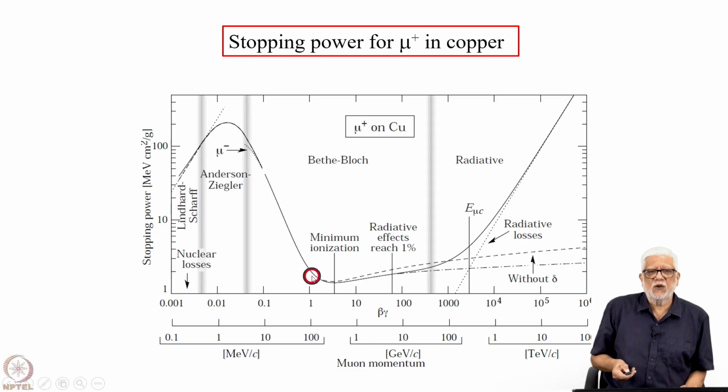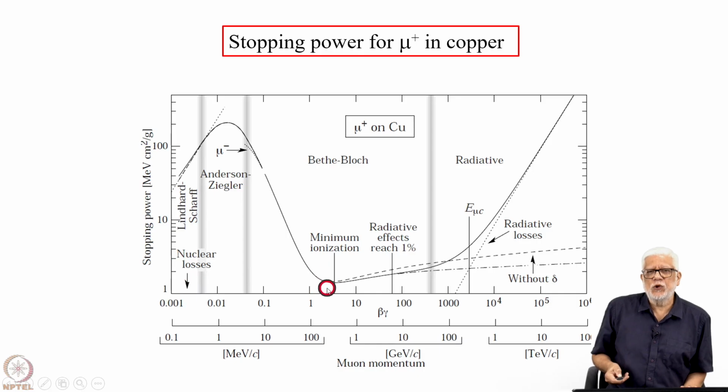which goes roughly like 1 by E, and then it reaches a minimum, and this is called the minimum ionization, minimum ionizing particles. So you use this jargon, MIP, minimum ionizing particles. So at this energy, you have the minimum ionization, that is roughly between 1.5 and 2 MeV per gram per square centimeter.